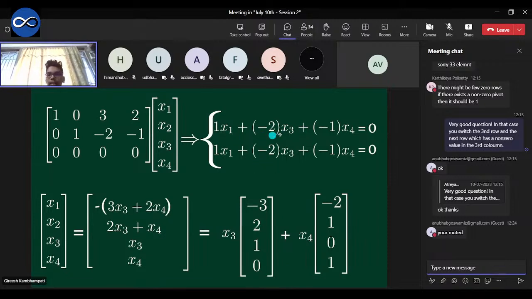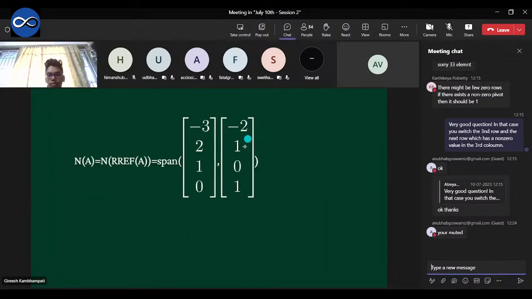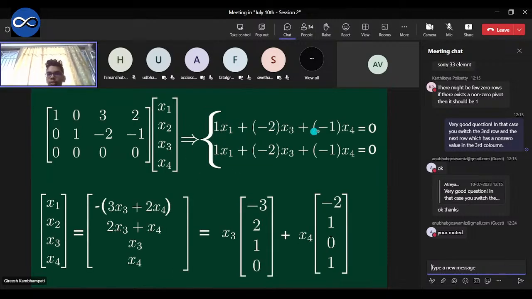Sorry, by mistake I have put a wrong equation here. The first equation is 1 into x1 plus 3 into x3 plus 2 into x4 equal to 0, so x1 equal to minus 3x3 minus 2x4. The second equation I put, x2 equal to 2x3 plus x4, is wrong; by mistake I have put that.